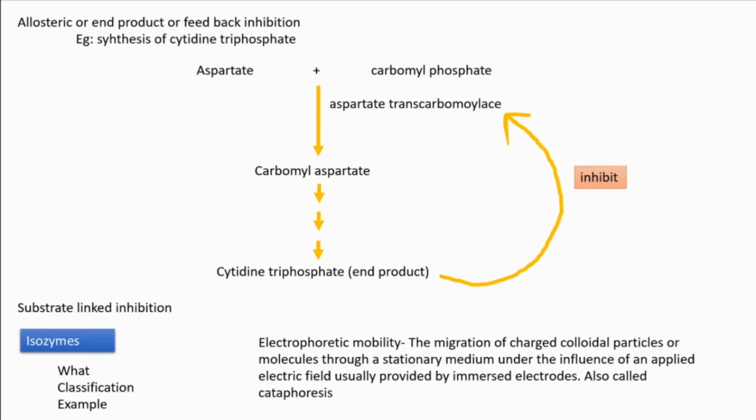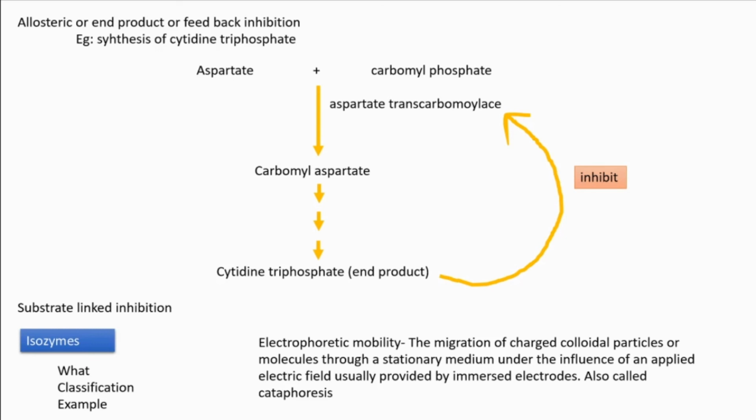And the kinetics of this inhibition does not follow Michaelis kinetics. So the graph obtained is that of a sigmoid kinetics, and the substrate saturation curve shifts to the right. Shift to the right means the substrate concentration we need to increase. That's why that shifting is occurring.